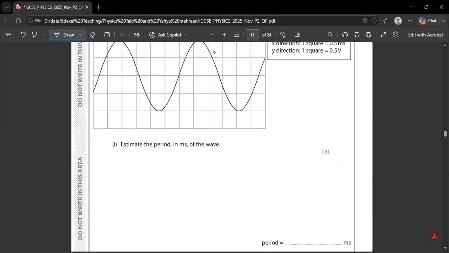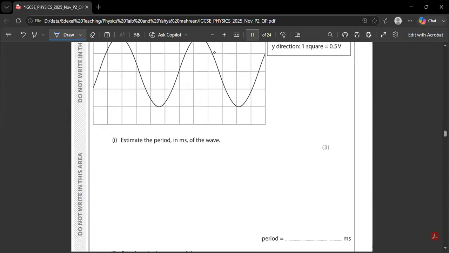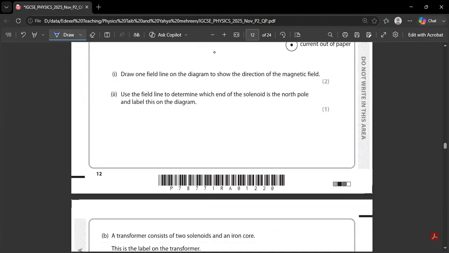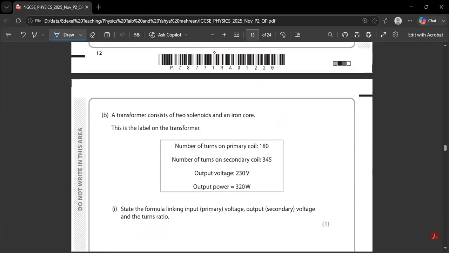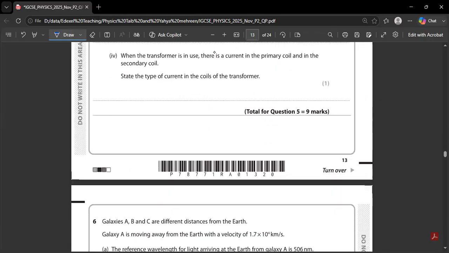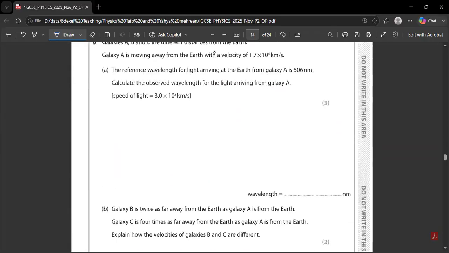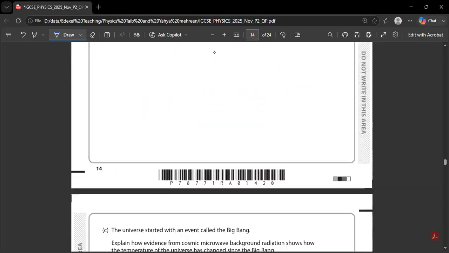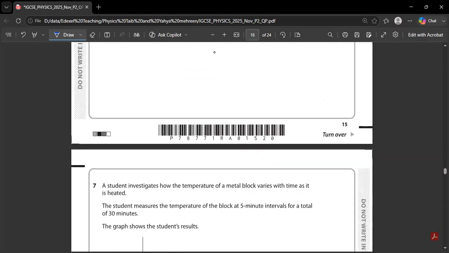I took it from here. I think so, that was a similar question. Magnetic field is not included in the syllabus right now. Wavelength. Okay, so space physics.